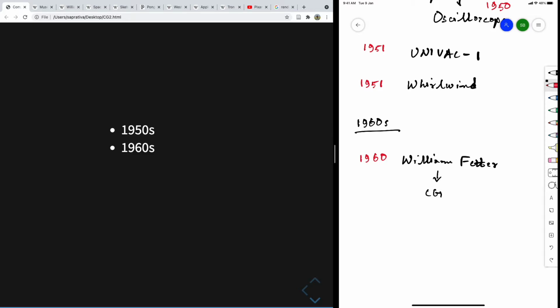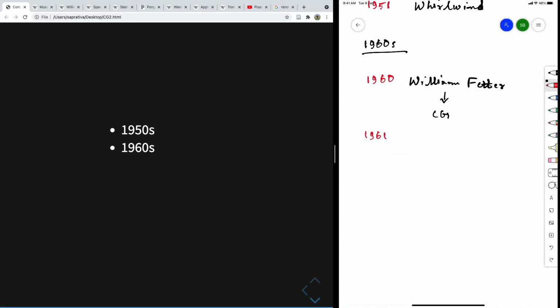Then in 1961, a scientist called Steve Russell released the first video game, or the first computer game using computer graphics, called Space Wars.